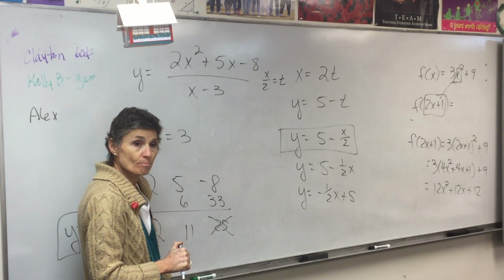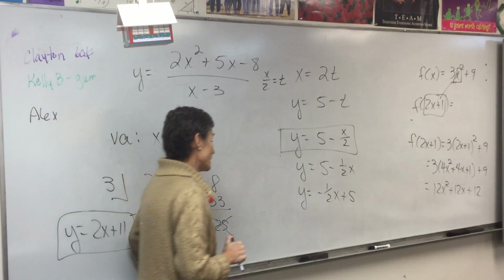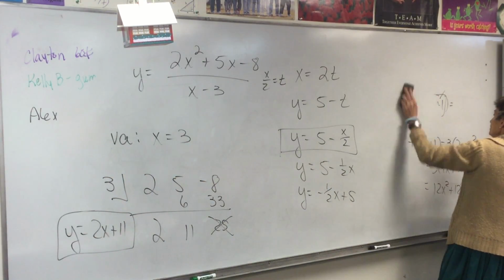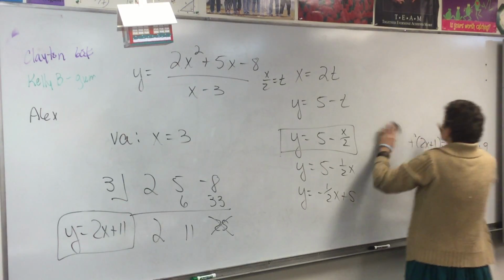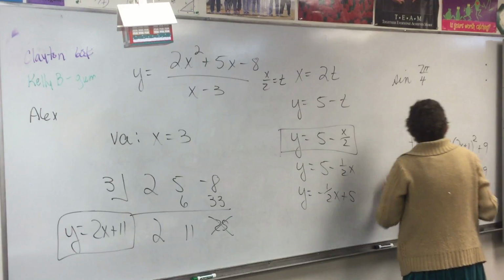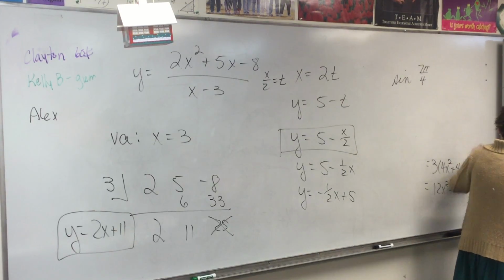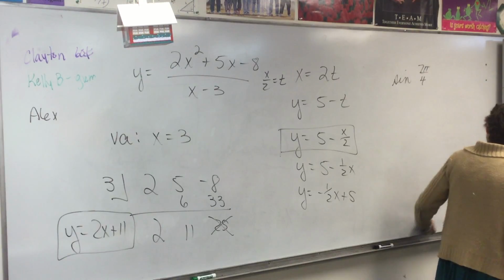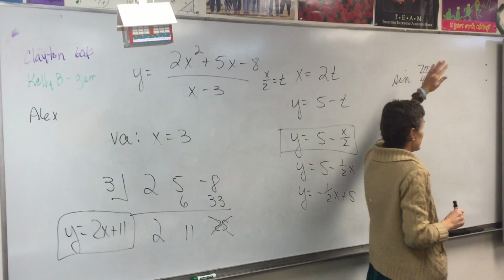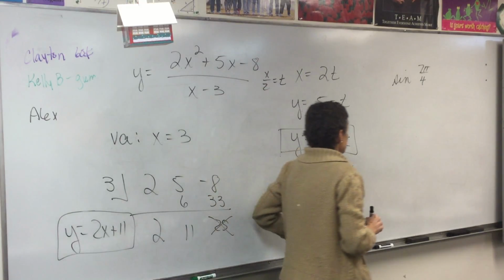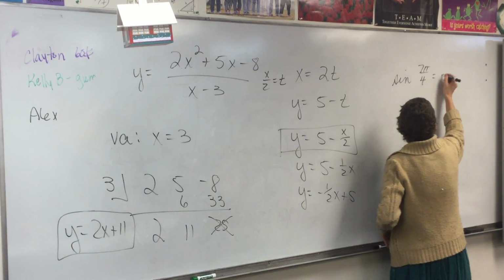I think you're gonna kill me, but can you do one of like the exact value of sine 7 pi over 5 or something? Yeah, I can't do 7 pi over 5, but I can do 7 pi over 4. So for 7 pi over 4, I have to change that into degrees. 180 divided by 4 is 45, times 7 is 315.